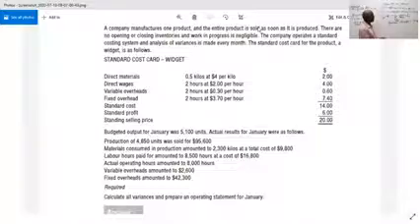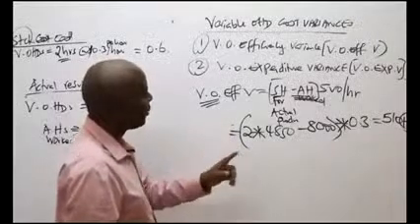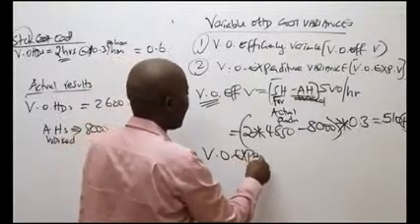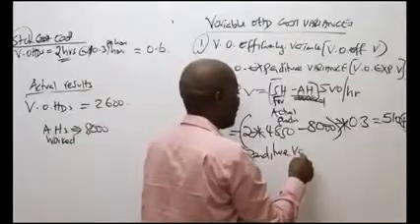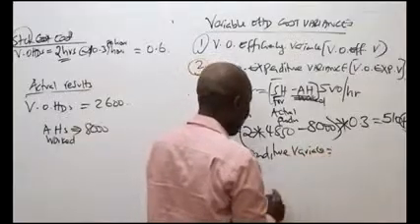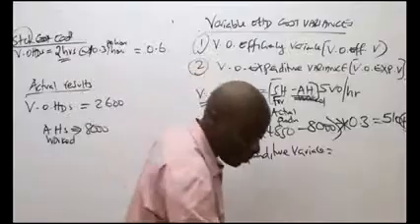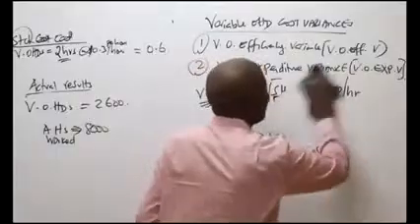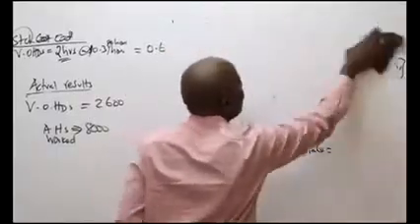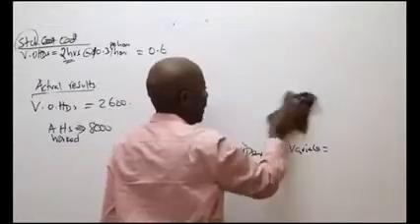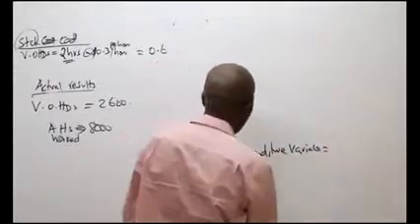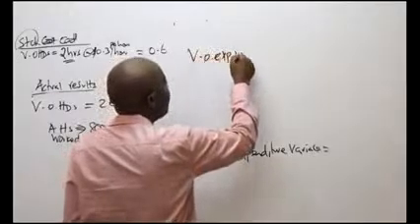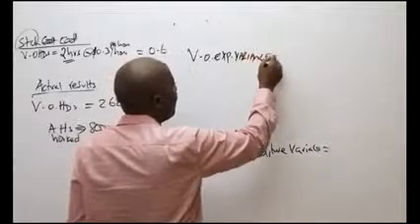So here we are, ladies and gentlemen, variable overhead efficiency variance. Thank you very much. So you go to the next one called variable overhead expenditure variance. What do we have here? I love this because this formula has got some certain fruit that I really love.